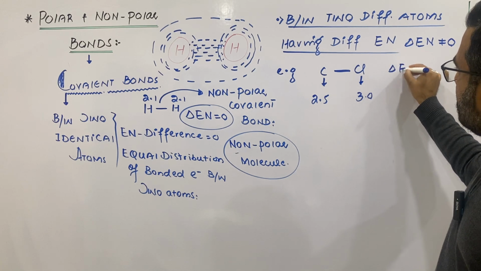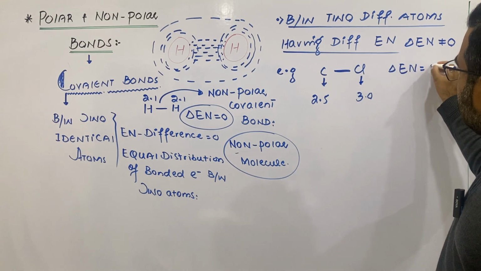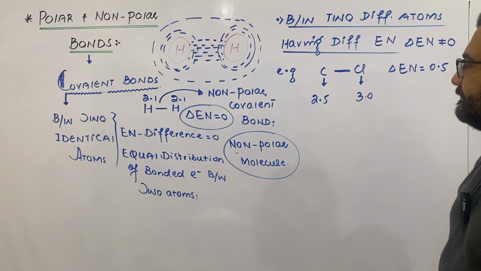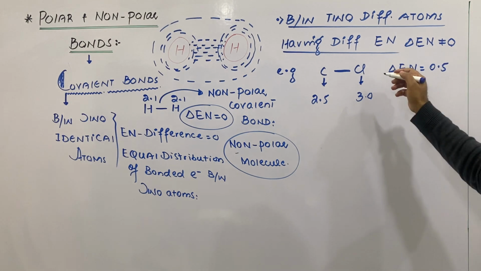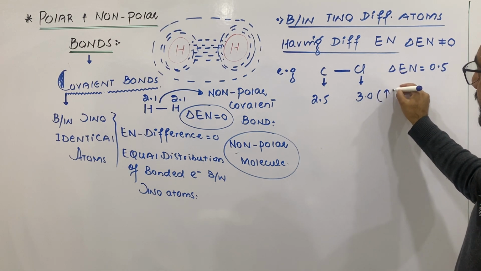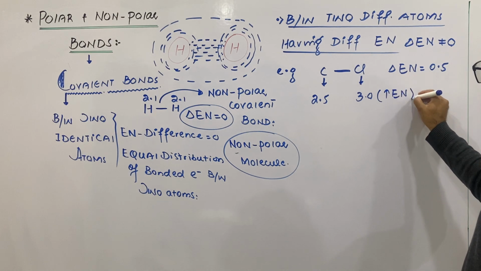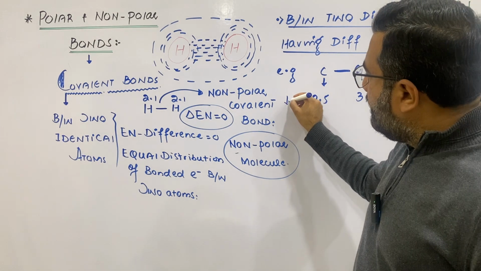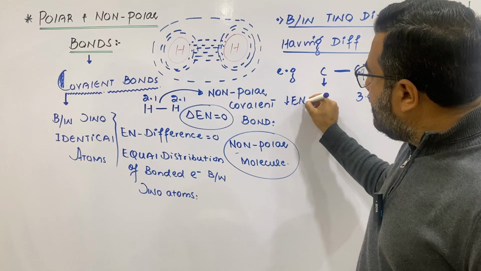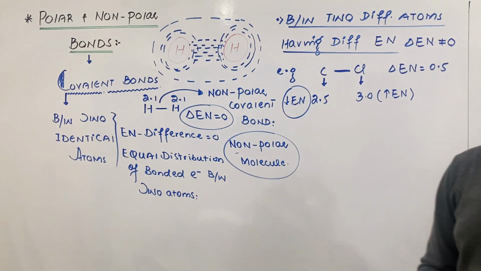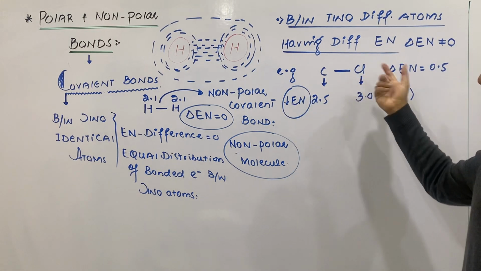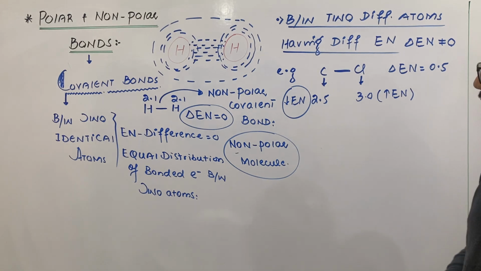So the difference of electronegativity here is 0.5. The chlorine has more electronegativity, carbon has low electronegativity. So the shared pair of electrons will be more tilted towards the chlorine atom.